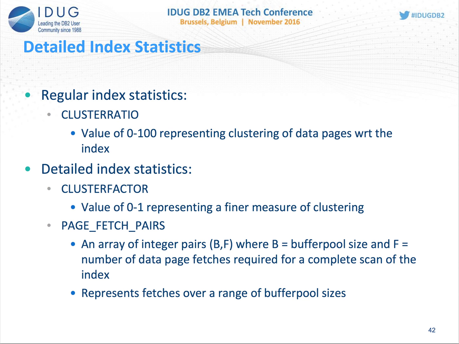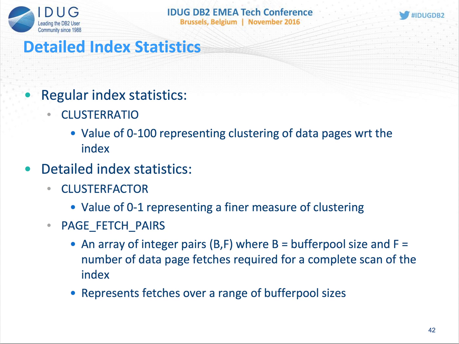Then we found that that one value on its own didn't accurately reflect how the clustering works for data pages, so a couple of new stats were added. This was years and years ago, so it's ancient history at this point. We also have the cluster factor and page fetch pairs.